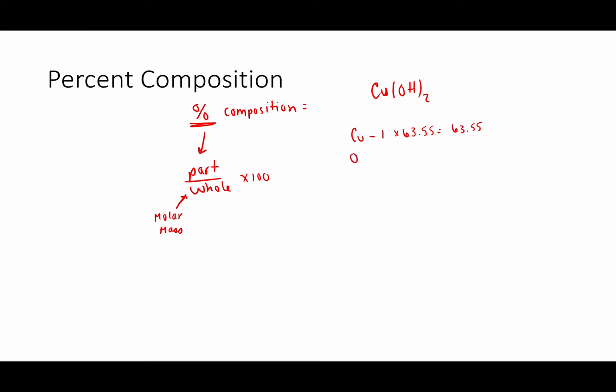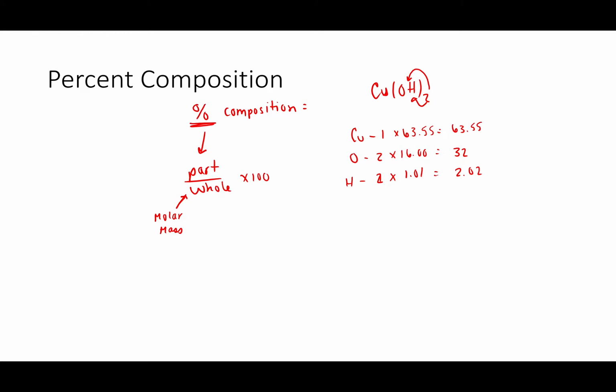For oxygen, there are 2 oxygens, and I'm going to multiply that by 16. 2 times 16 is 32. And for hydrogen, 2 times 1.01 gives me 2.02. If you're confused as to why there's only 1 copper and 2 oxygens and hydrogens, this 2 can be distributed in, but the parentheses tell it where to stop.